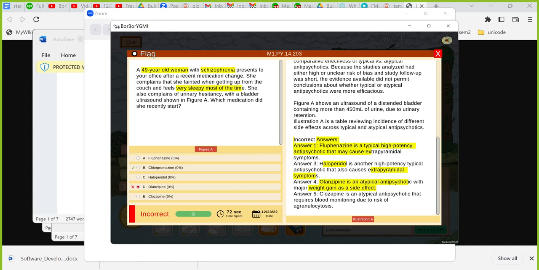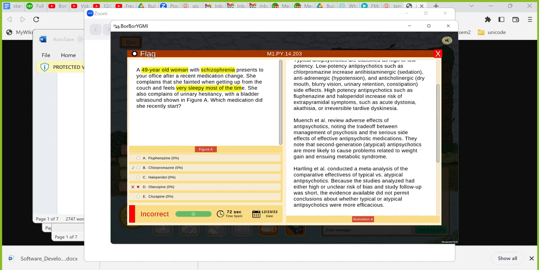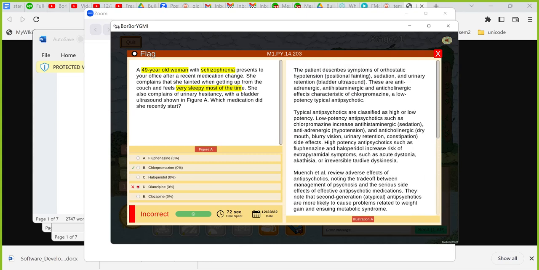Those are all kind of represented by the mnemonic: you have dystonia, you can have tardive dyskinesia, you can have extrapyramidal symptoms. And clozapine has agranulocytosis, so you have to monitor them every 2 weeks with a full blood count to see if their granulocytes are normal, like polymorphonuclear cells as well.